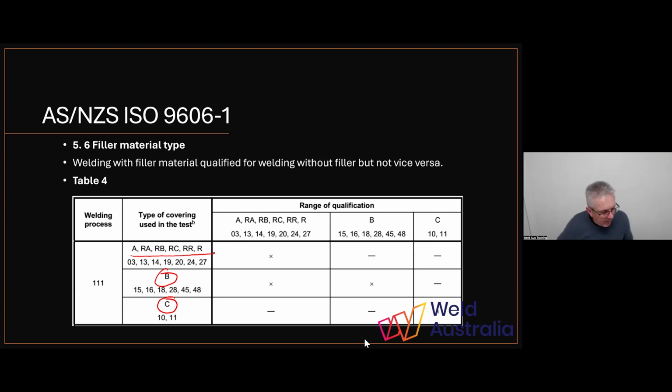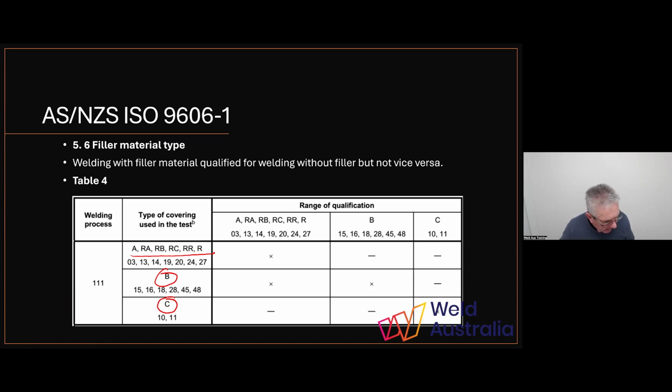If you were unsure about that, we can go back and look at the coatings, where we've got the abbreviations in the standard. It says there, what's an A? Means it's an acid covering. So we've got the numbers to identify there, an 03, a 10, 11. So you've got all the designations there of not only the actual electrodes, but also their coverings, okay?